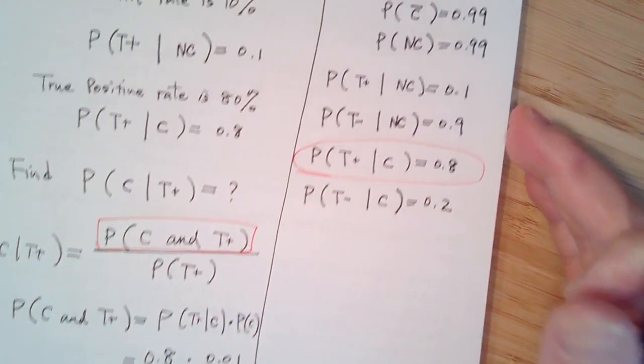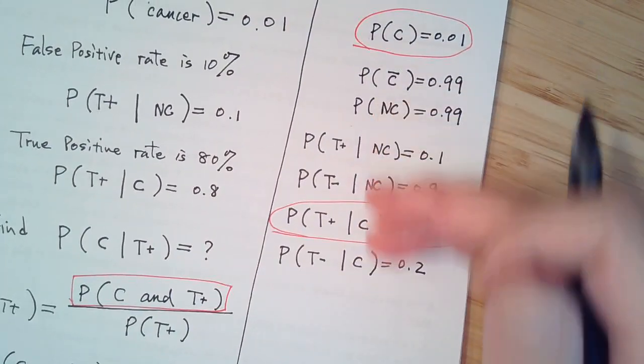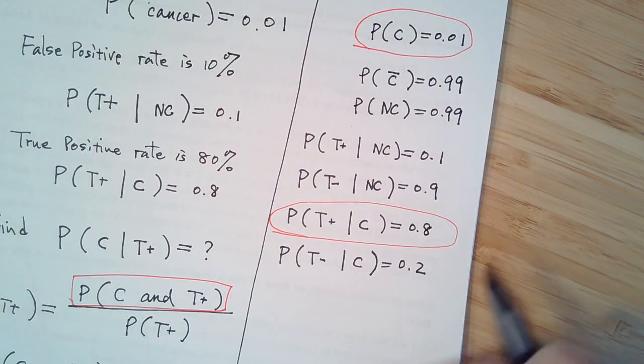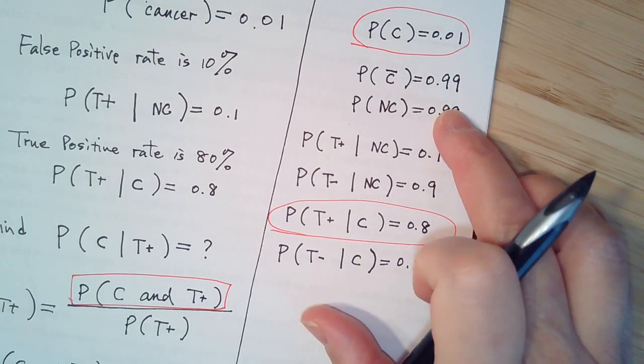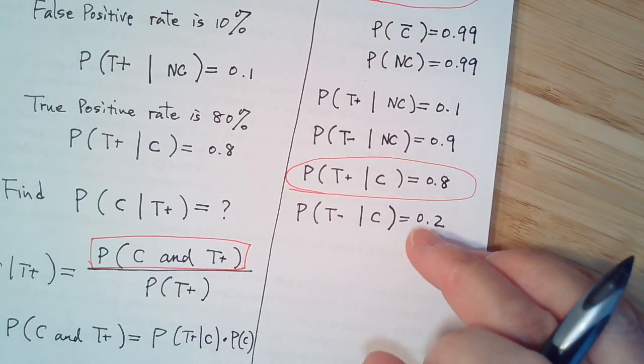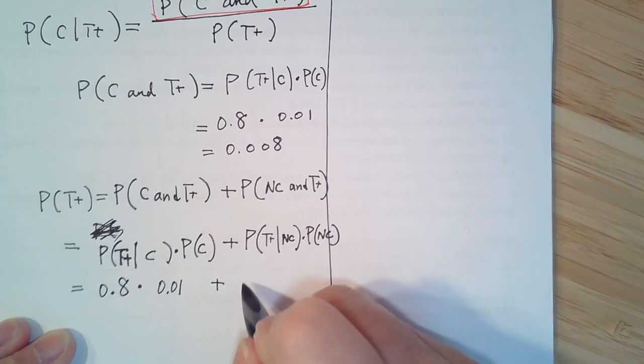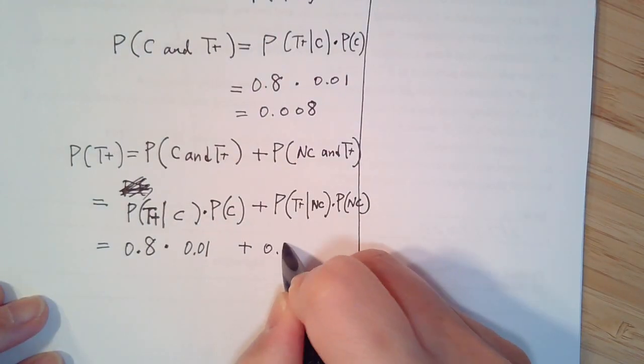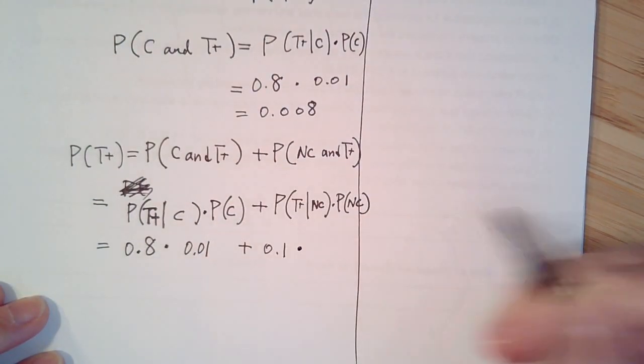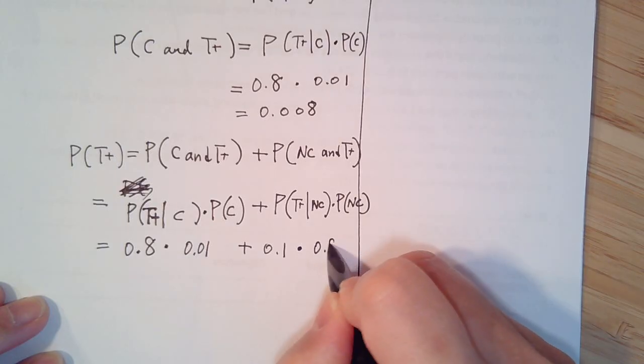Now you see the benefit of having all the things written on the right side. Whenever you get confused or want to know something, you just come here to take a look and grab it. So T plus given no C is 0.1, and then you multiply by the probability of no C, which is 0.99.